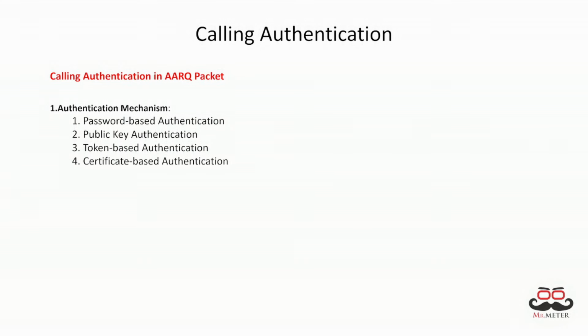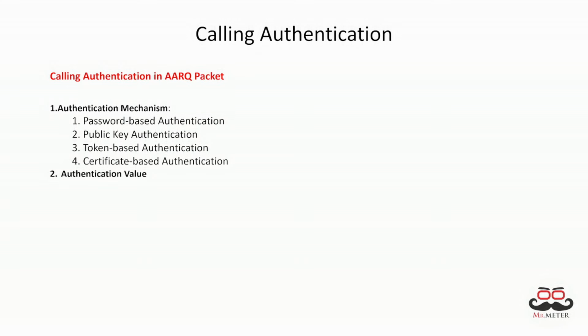The first type is simple and widely used but less secure. The second one, public key authentication, is more secure and involves the use of public and private key pairs. The token-based uses security tokens issued by a trusted authority. The certificate-based authentication uses digital certificates issued by the certificate authority, or the CA.